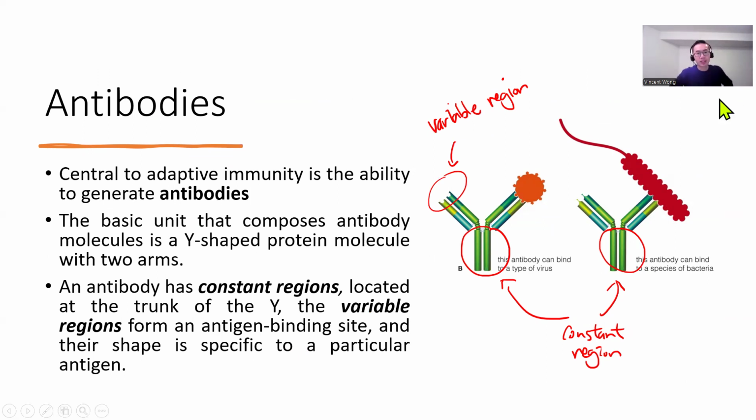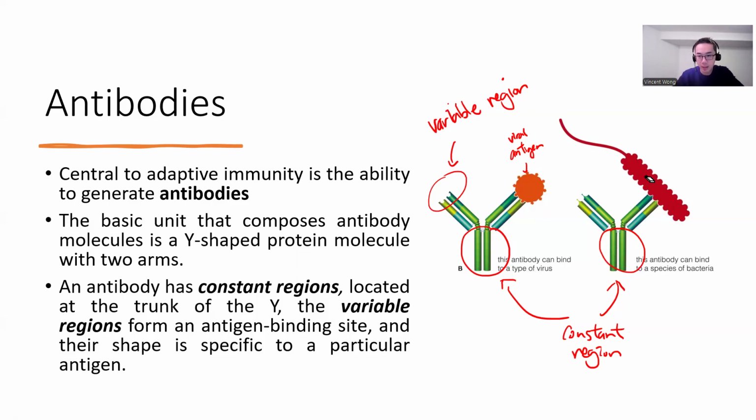So for example, this orange virus here has these little pentagon antigens. That's a viral antigen, because it's on the virus. Then you would need an antibody that has pentagon grooves at the end to bind to it.